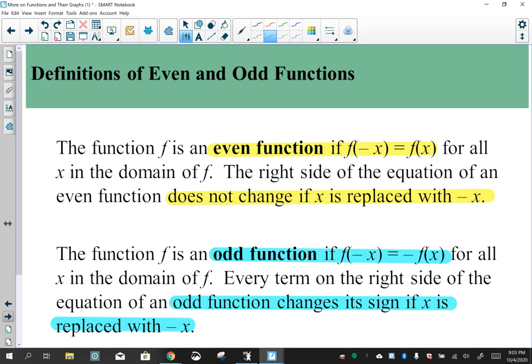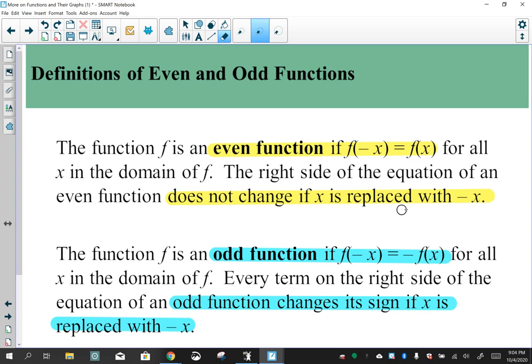So an even function, just a really basic one, looks something along the lines of your parabola. Okay, so a parabola would be considered an even function only if it's the y-axis that splits it. Your y-axis actually has to split your function in order for this to be considered an even function. Because when we talk about even and odd, we are talking about symmetry, how the graph is symmetric or not.